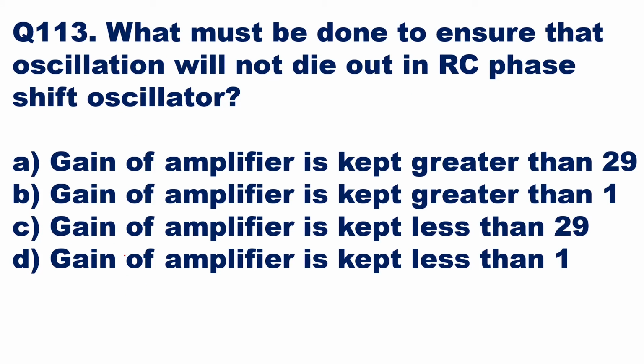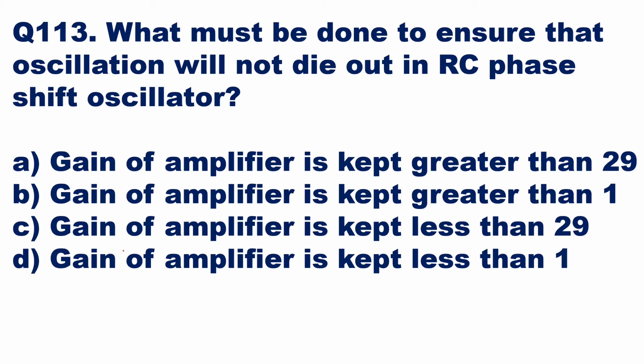What must be done to ensure that oscillations will not die out in an RC phase shift oscillator? Now what happens in an RC phase shift oscillator? The feedback network is given by beta is equal to 1 upon 29.